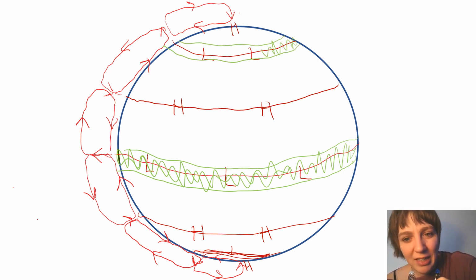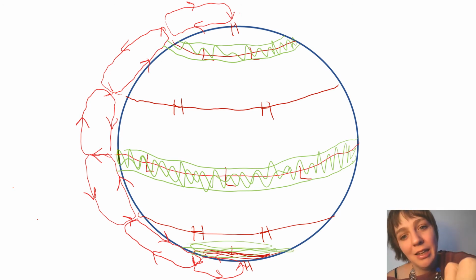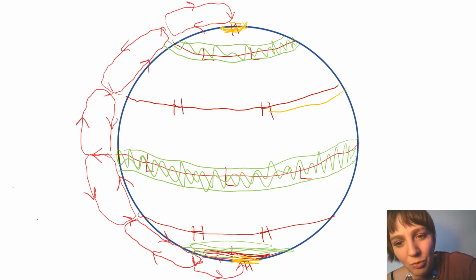Everywhere that we have rising air, we expect to have a rainforest. And conversely, everywhere that we have sinking air, we expect to have deserts. So we might have our latitudes a little bit off, but our pattern should work.